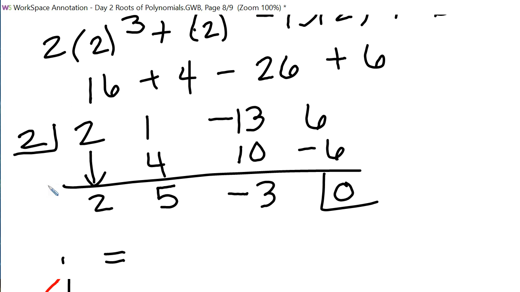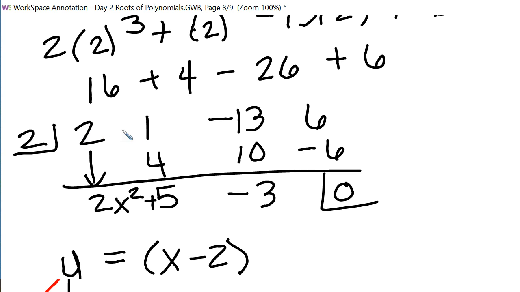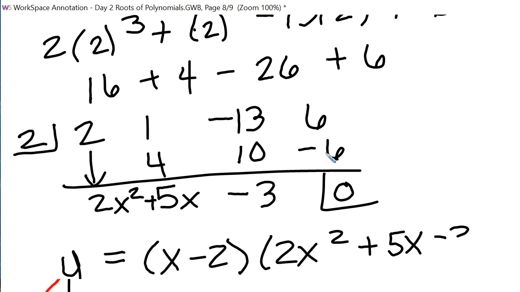So if that's the x-intercept, how do I write in factor form? X minus 2. Now this will be the other factor, and if I drop it a degree, what degree did we start with? X cubed, so this would be x squared. So this would be 2x squared plus 5x minus 3.